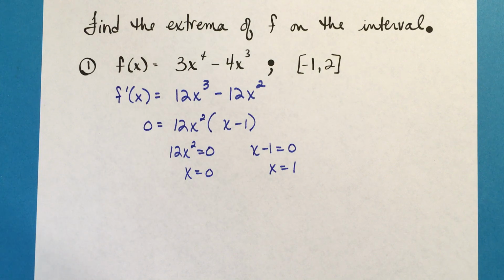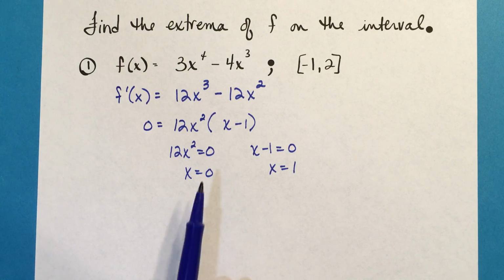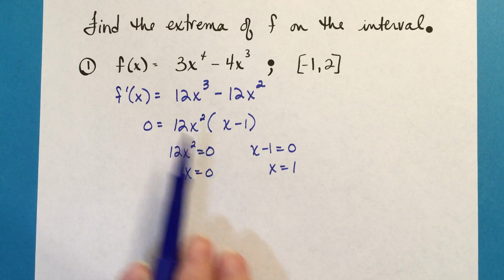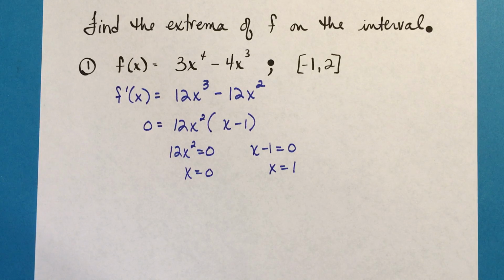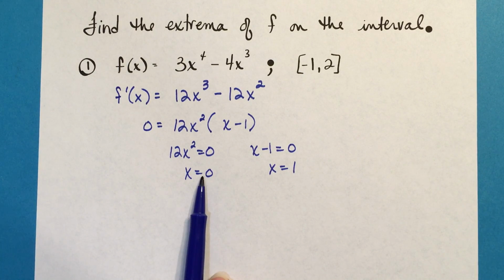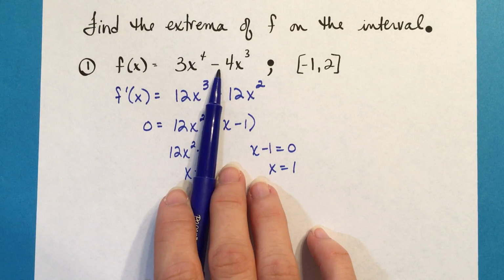So that would be step 1 out of those 4 steps that you wrote down a few minutes ago. All right, step 2 says to evaluate the function at each critical number. You're not going to substitute these values back into your derivative. You substitute them back into your function because you want to know how high or low this point is located on this function.